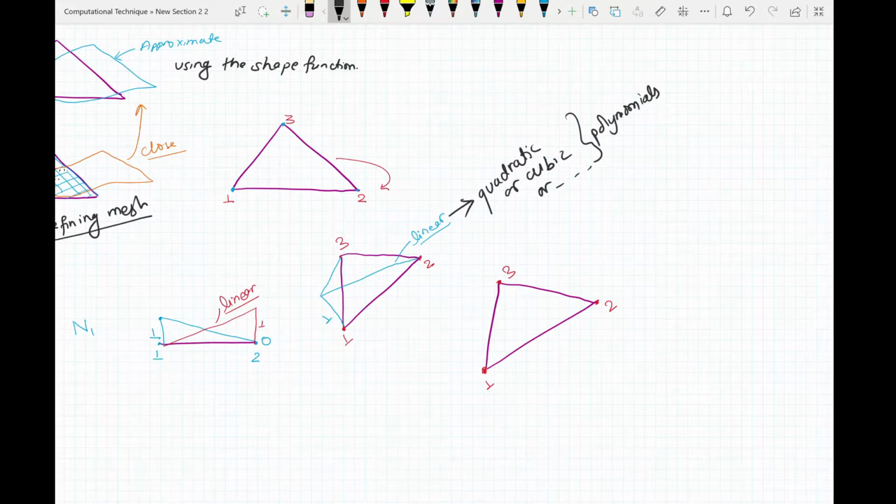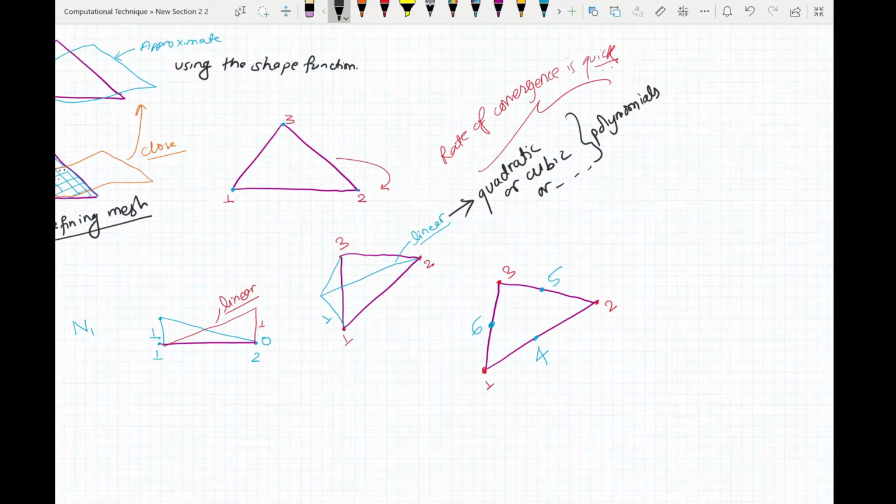When you do this, your rate of convergence is quick. To do this, we can add certain nodes. We can add a node here, we can add another node here, and another node here. Now we can name these as 4, 5, and 6.